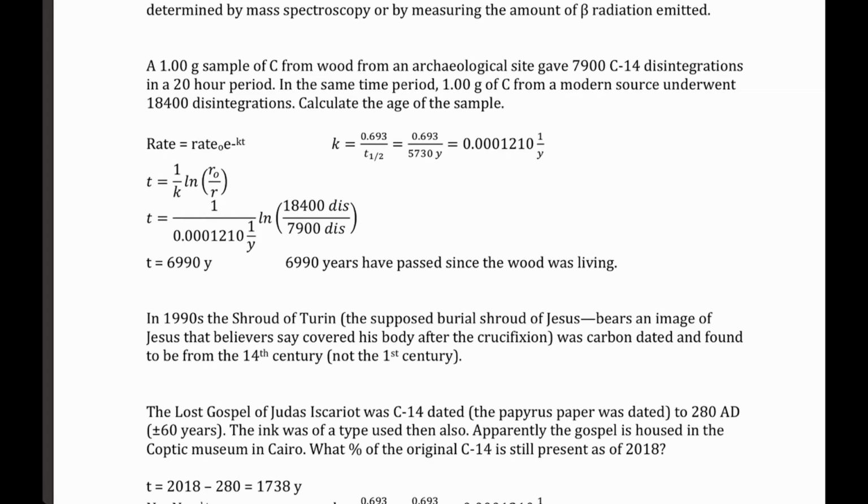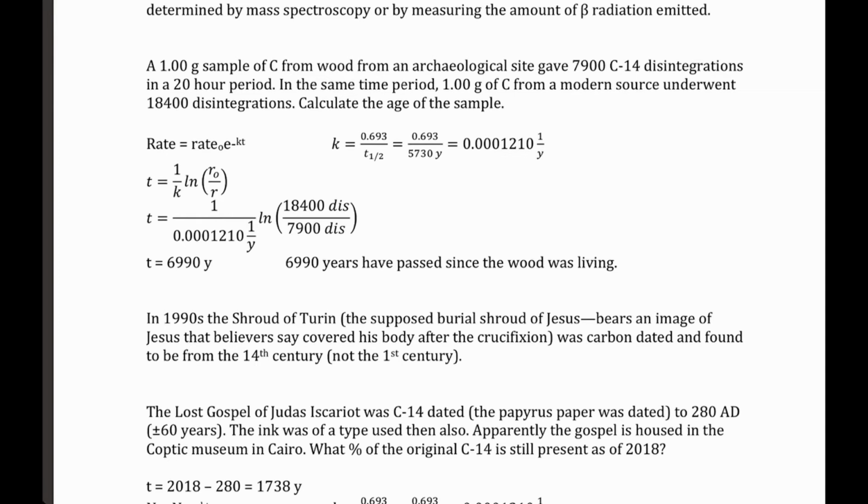So we take our rate equals rate naught e to the minus kt, and we solve for time because we're after time. So we have time equals 1 over k, ln of rate naught over rate. We put in our value of k, we put in our two rates.